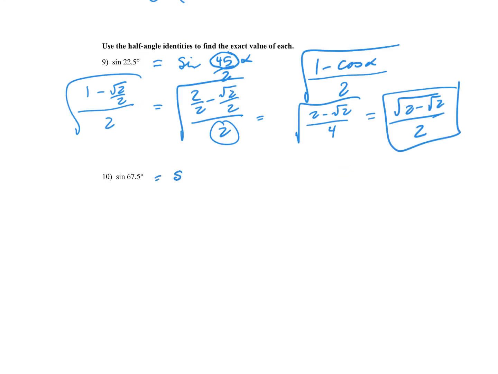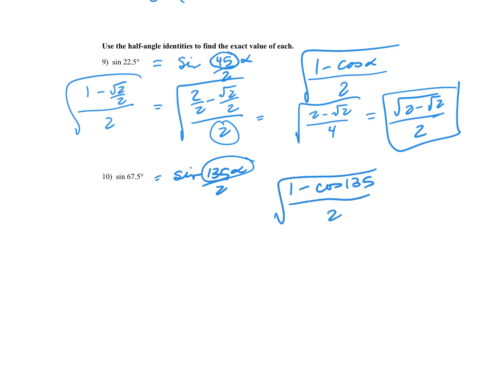And your last one is the same. This is the same as sine of 135 over 2, so 135 becomes your alpha. So it's going to be the same formula, 1 minus cosine of 135 over 2, all under the radical. So it's 1 minus negative root 2 over 2, because the cosine of 135 is negative root 2 over 2.